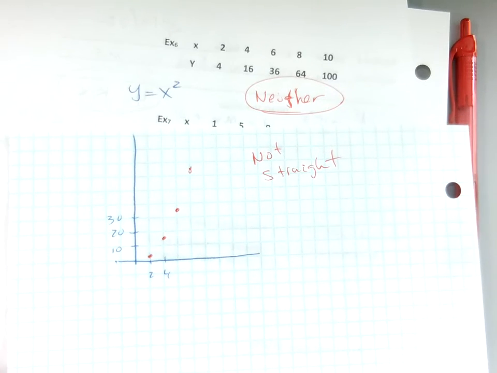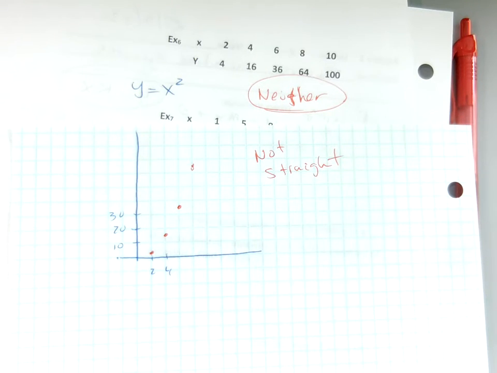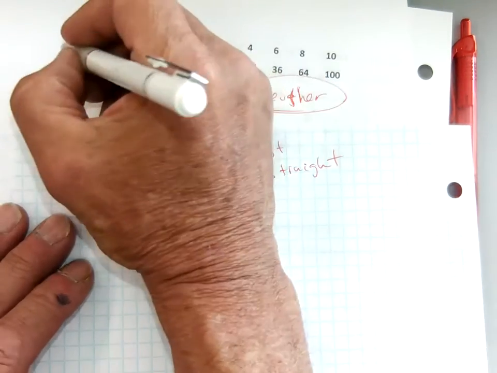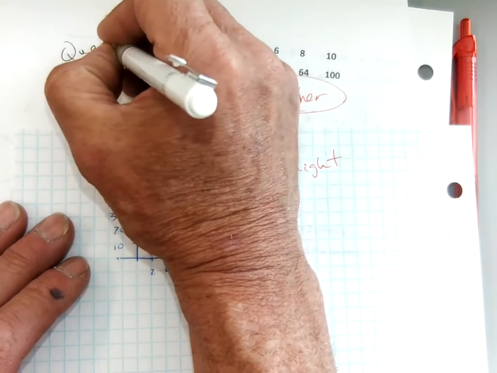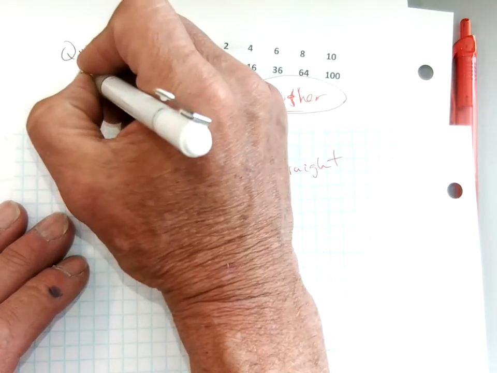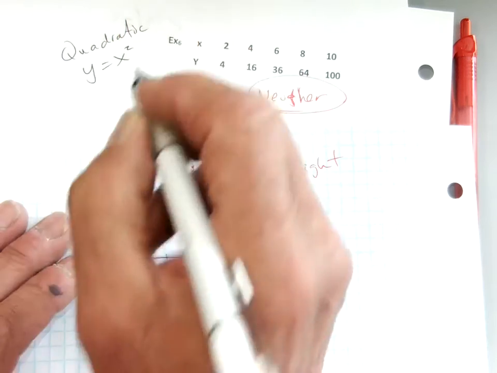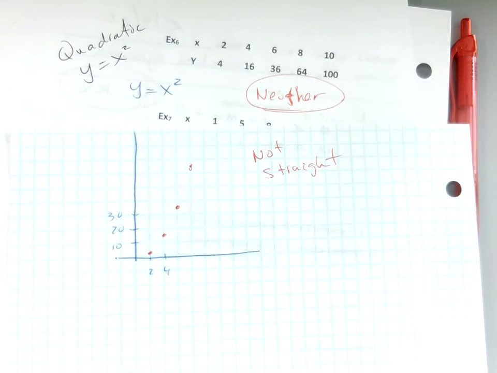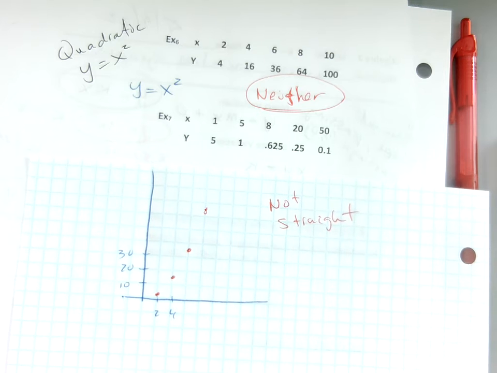Do you recognize those numbers? So it's quadratic, because quadratic is another name for an x squared graph, right? So it's neither. It's a parabola. All right? Didn't trick me. How about number 7?